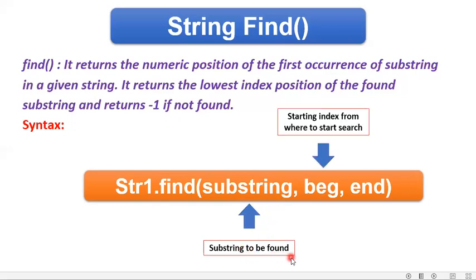Then the beginning, the starting index from where to start searching for a substring. That means we can set a point that after this particular index location I want to make a search, not before that. Similarly, we can set the end position also, that means the end index position till where I need to perform a search, not beyond that.